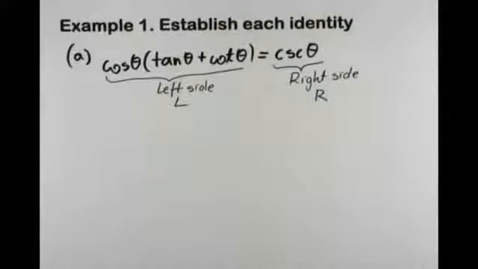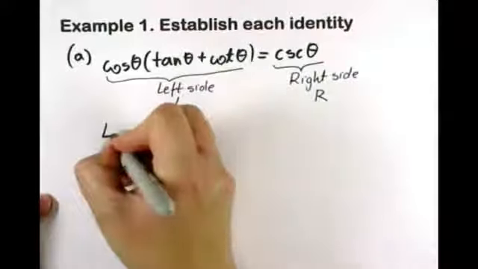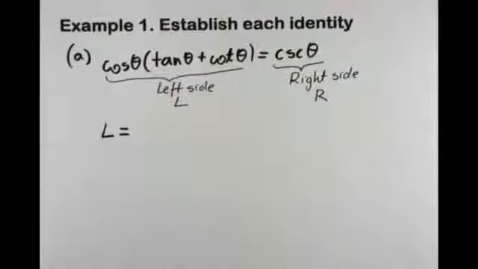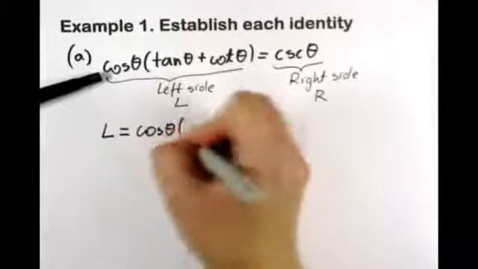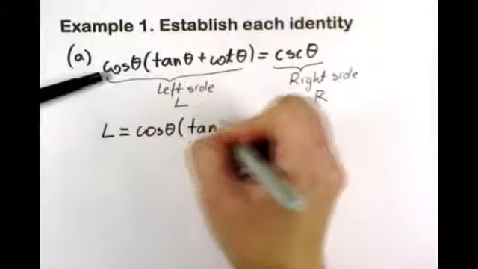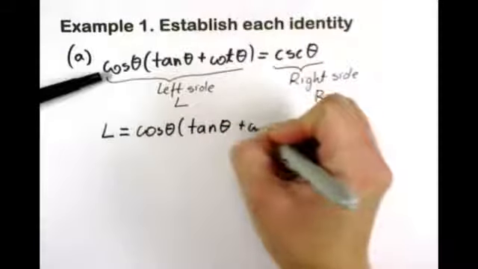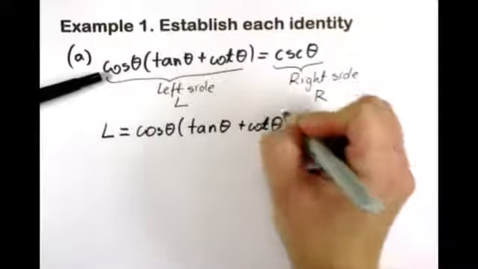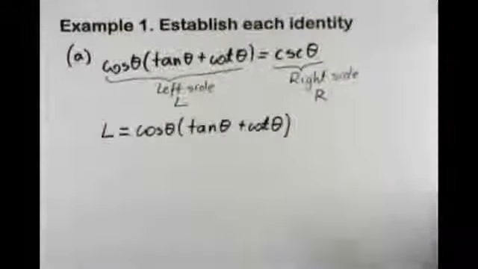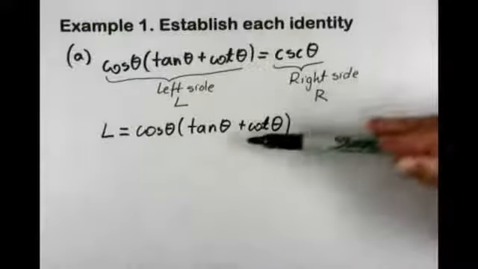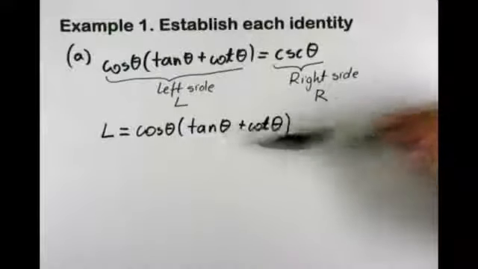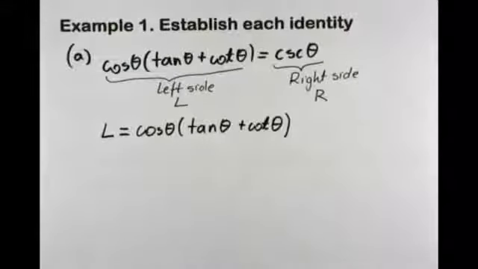Okay, so I'm going to start with the left side. I copy what is my left side: cos theta times tangent theta plus cotangent theta. I know that cosecant is 1 over sine, so I do need to change tangent and cotangent to sine and cosine.